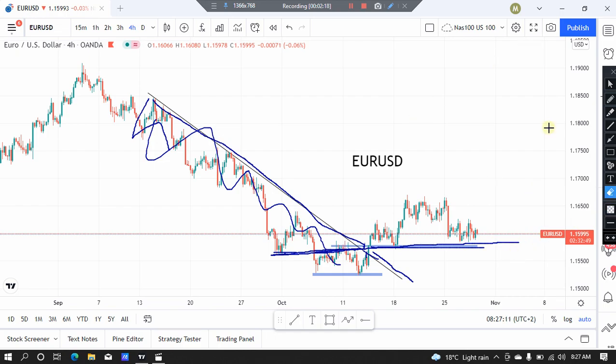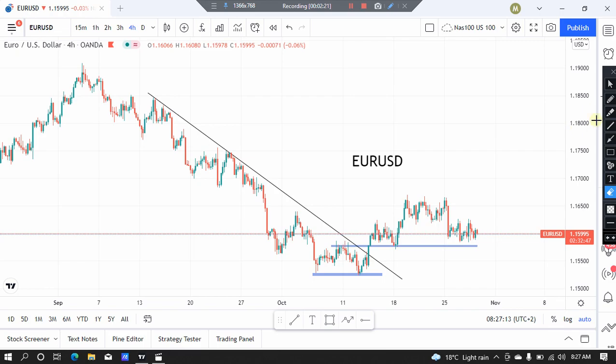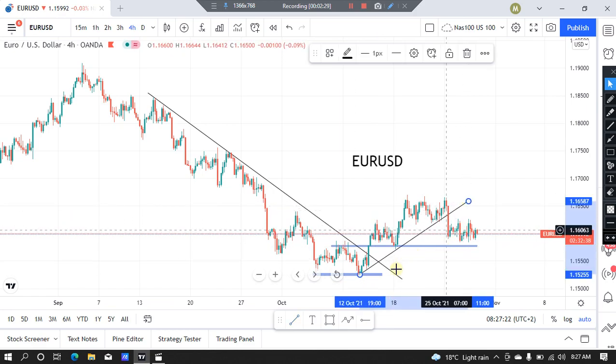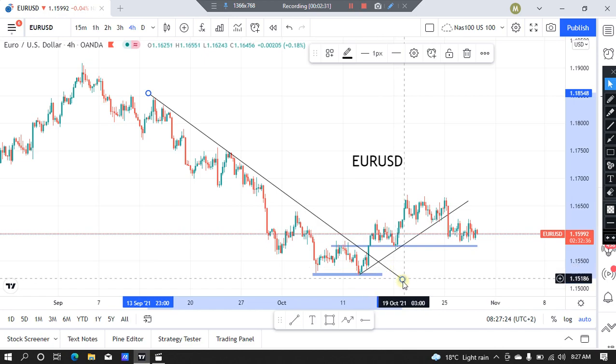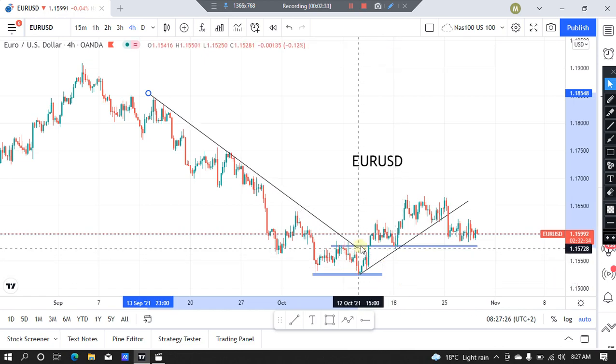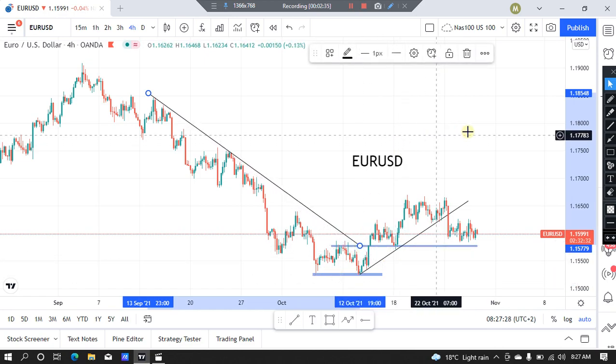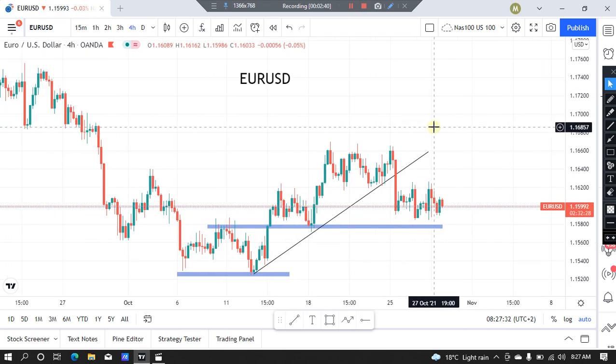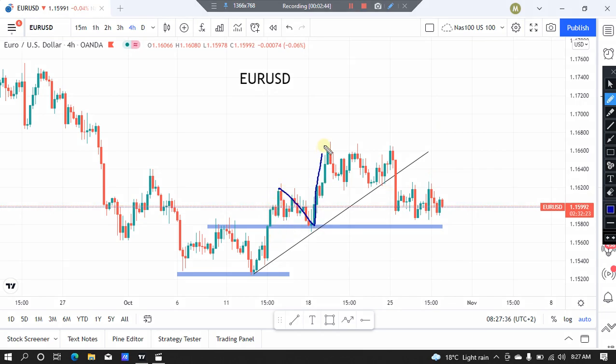Okay, let's move on. From that resistance or from that breakout, we had something like this. Let me just remove this because you already saw that, so that you can understand what I'm trying to show you here. What happened was the market was creating a nice uptrend. Now the market is breaking that.